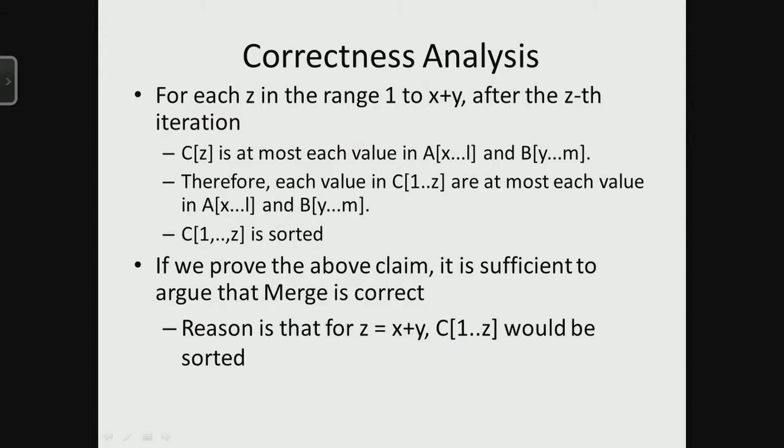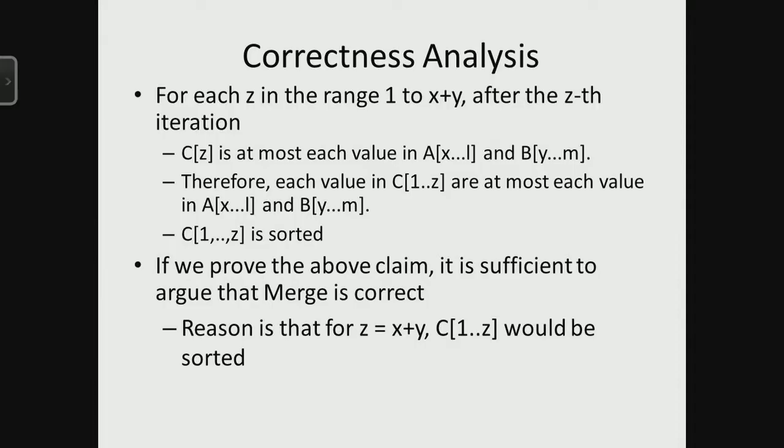Let us look at the correctness analysis of the merging step. The merging step is indeed correct. Let us observe a primary invariant which says that for every z in the range 1 to L plus m, after the zth iteration, C of z satisfies some nice properties.